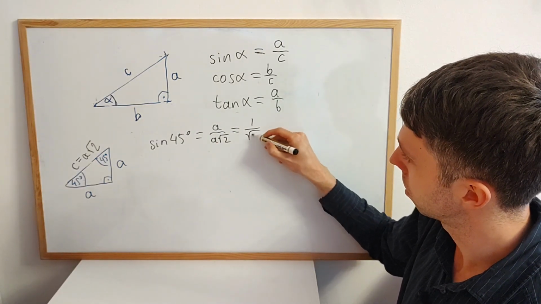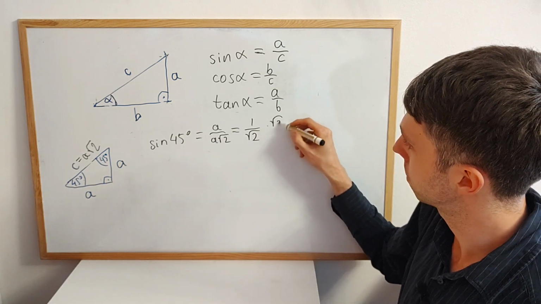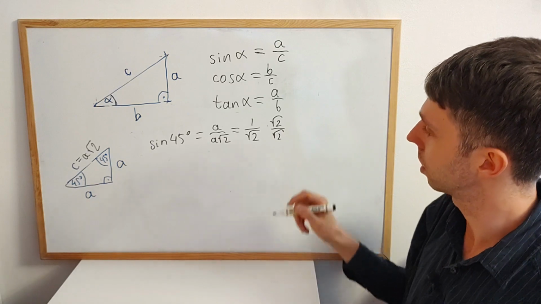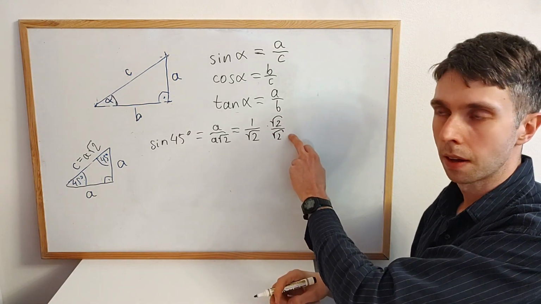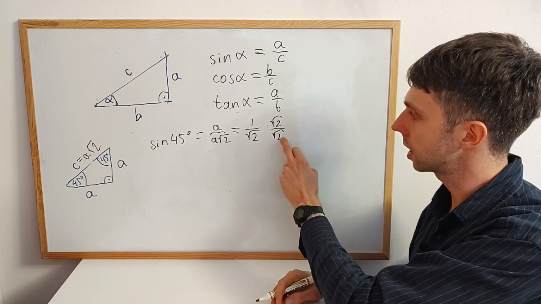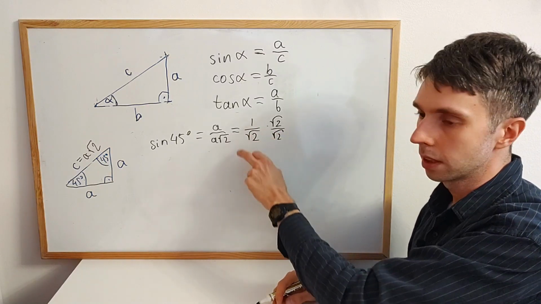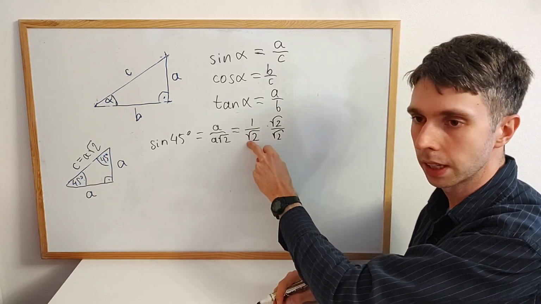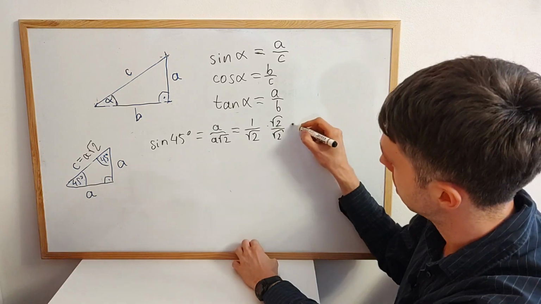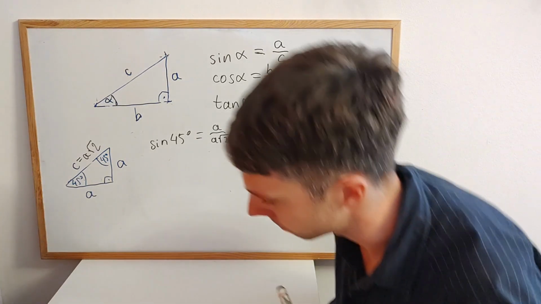So it's 1 over square root of 2, which you can multiply by square root of 2 over square root of 2, so by 1 you can say, to get rid of the irrational square root in the denominator. So it will be square root of 2 over 2.